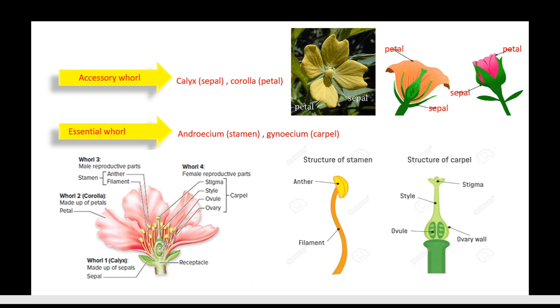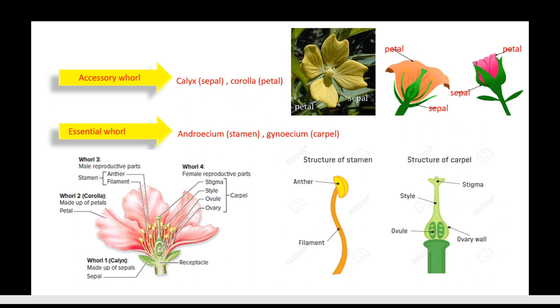Number first, what is a flower? Number second, what are the different parts of a flower? Mention only their names.